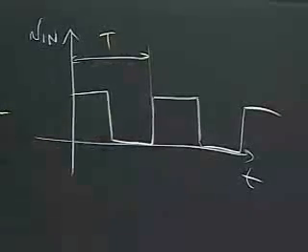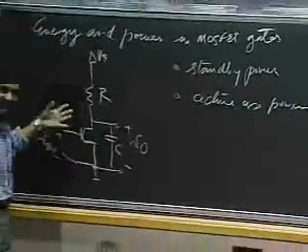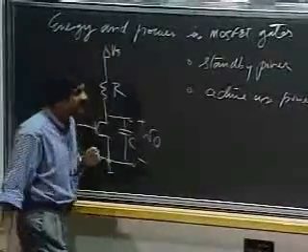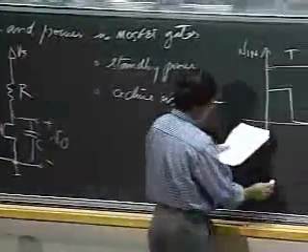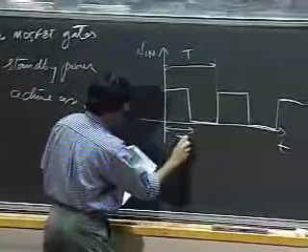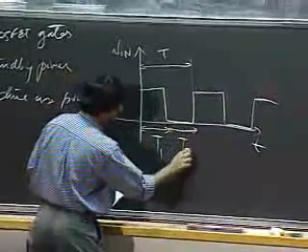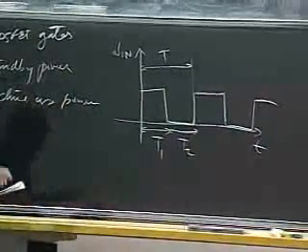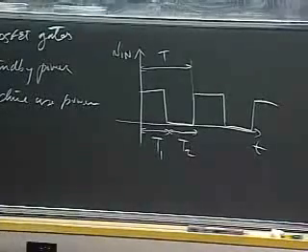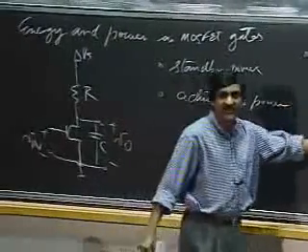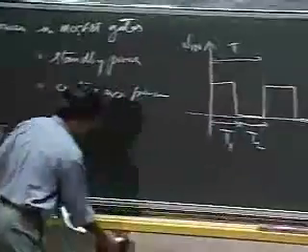The period applied at the input. So I'm switching the inverter on and off, on and off, on and off. I have T1 seconds for the high, T2 seconds for the low. So this is the inverter, and this is the input signal, and we'll keep coming back to that again and again.